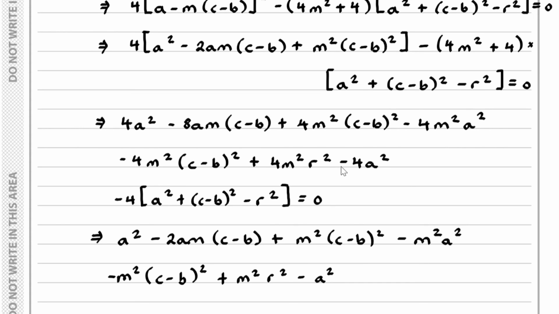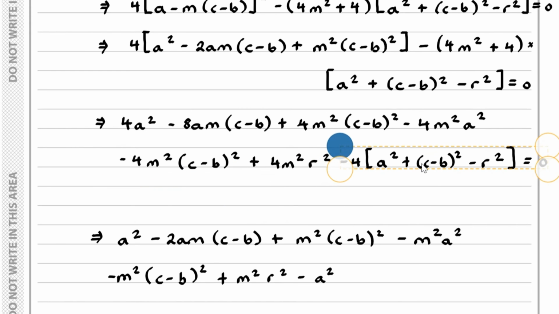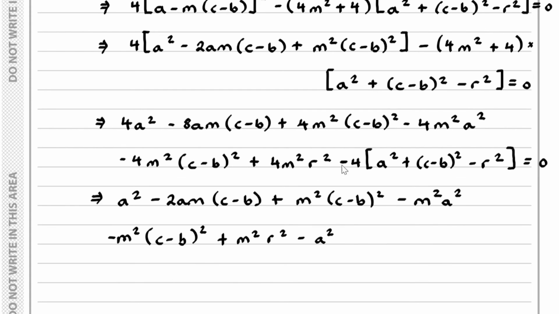And then, just correcting ourselves, this bit was already expanded. So now this bit can go in a bracket, so we've got minus.